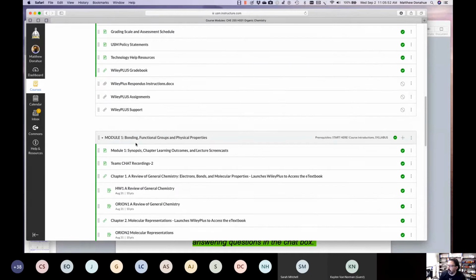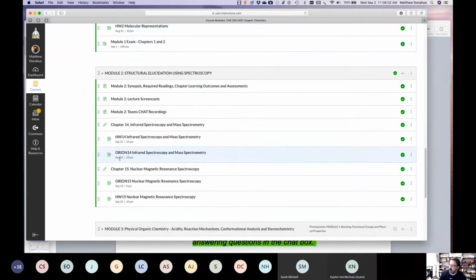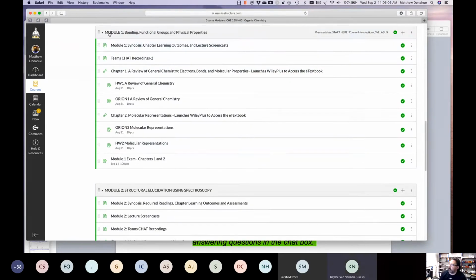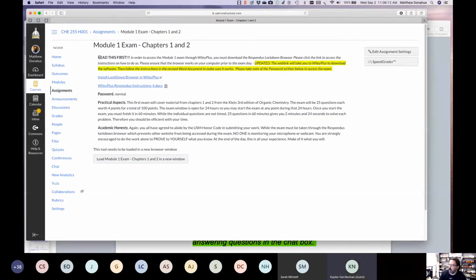So one last thing. It's not posted in here yet, but again, your exam 2 will appear down here as a page. And so let me just click in exam 1. So module 1, here was exam 1. So it says read this first, and I'm not joking when I say that. So you should read all of this stuff before you click this.